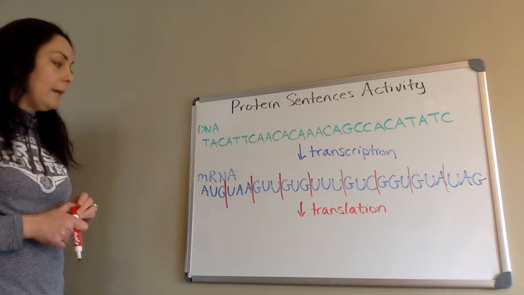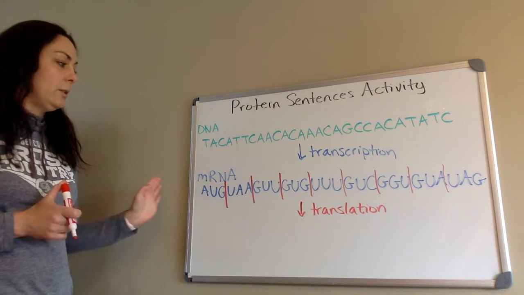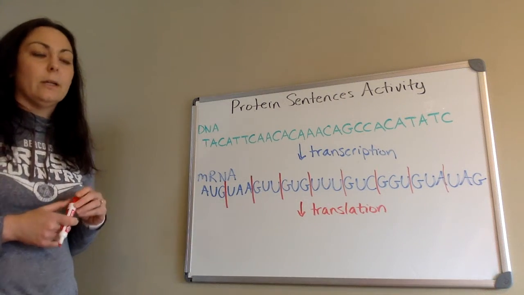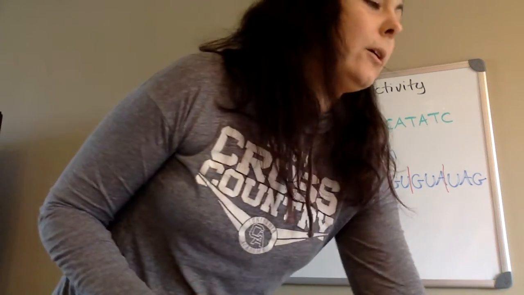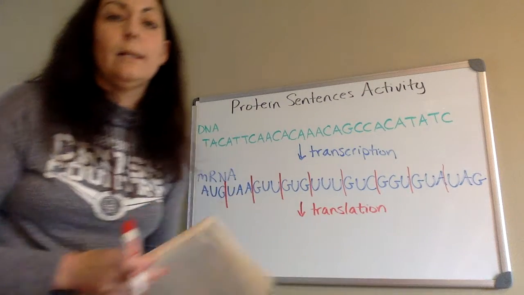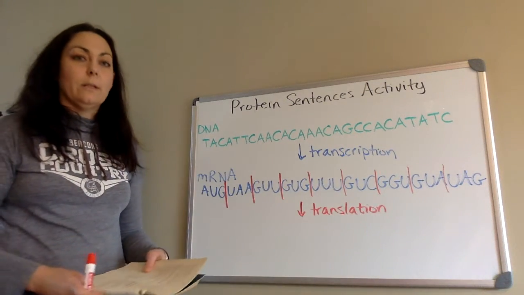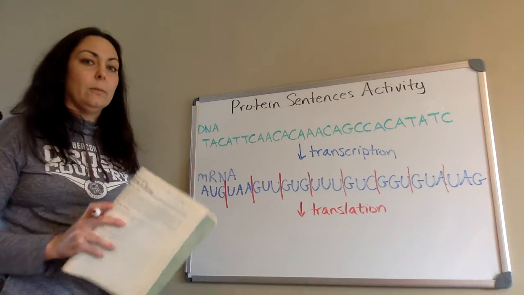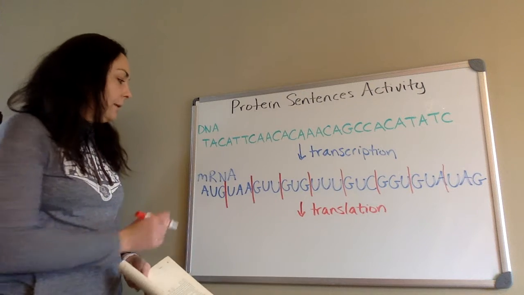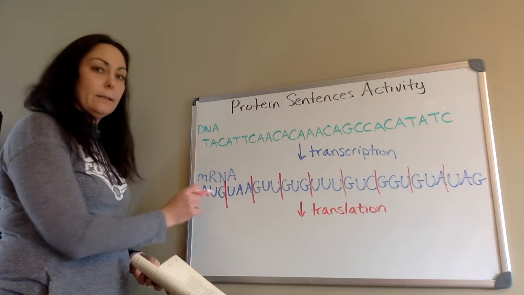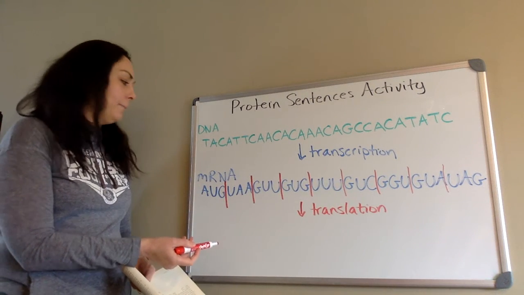Once you're finished separating your codons, you're going to use that codon key, on the second page of the protein synthesis Google Doc in the classroom, and look up these codons to see what words they signify.